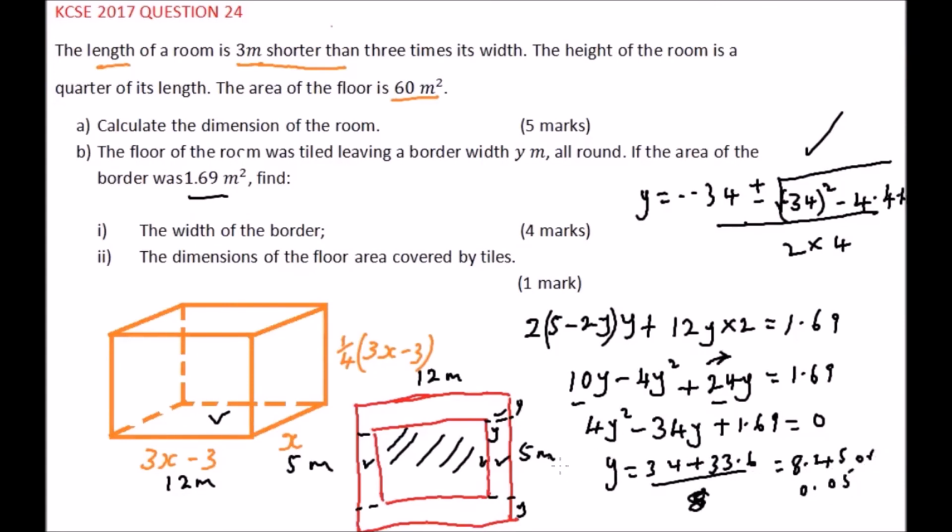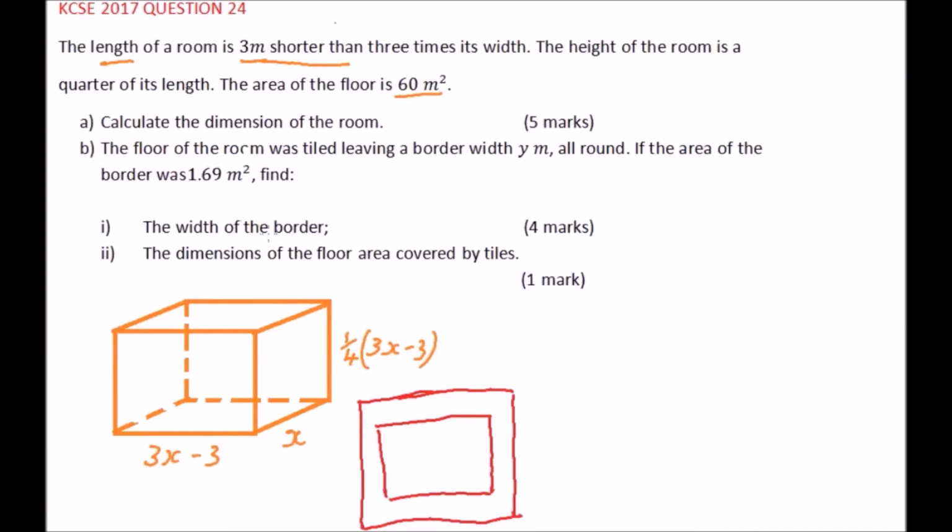Because the width of the floor is 5 meters, we cannot take 8.45, so 0.05 is the correct value. So the width of the border is equal to 0.05 meters, and that is how you work it out.